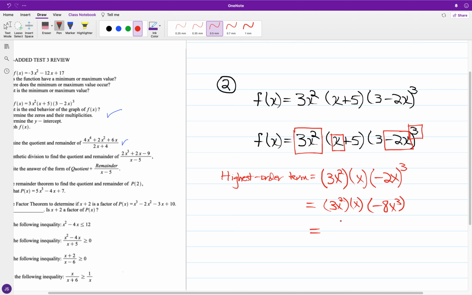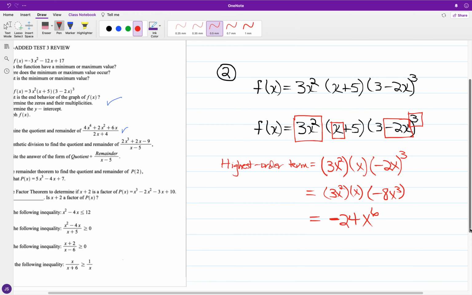And here we have 3 times negative 8 is negative 24. x squared times x is x cubed. x cubed times x cubed is x to the 6th. I'm not interested in any other term. If I were to multiply everything out, your highest order term would still be negative 24 x to the 6th.